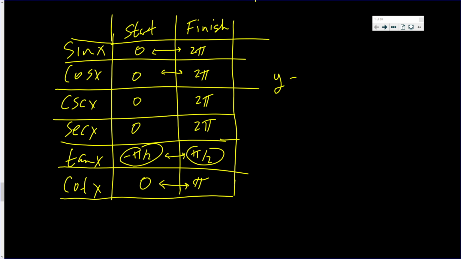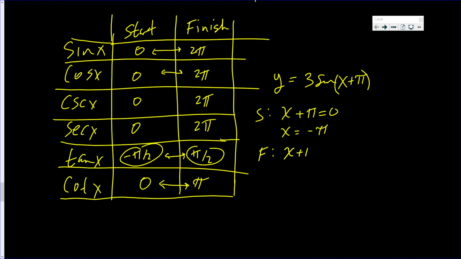So just one last example. Let it be a sine graph. Sine of x minus pi, or let's make it x plus pi, is going to start when the angle is 0. That means x is negative pi. It's going to finish when the angle equals 2 pi.